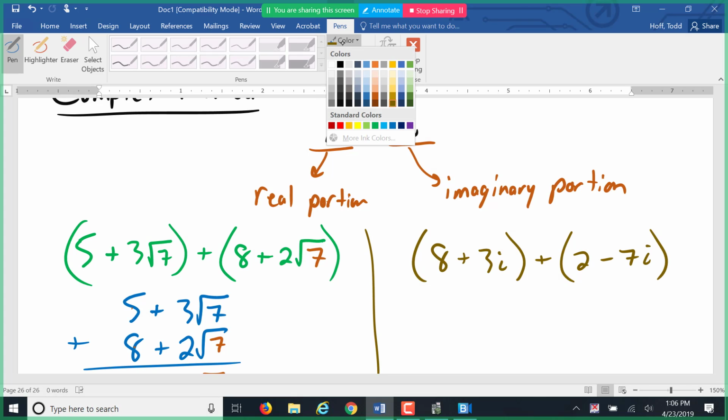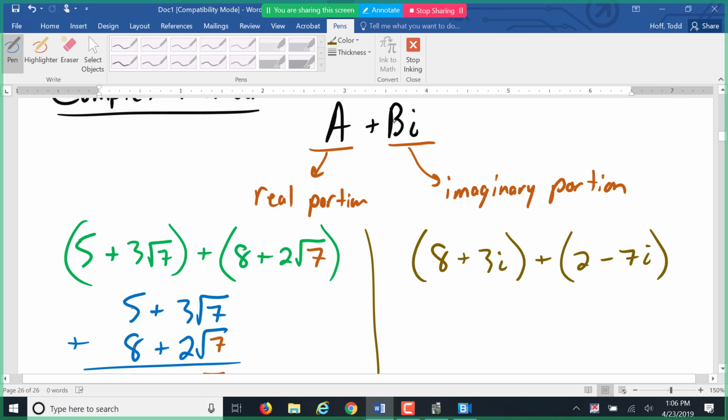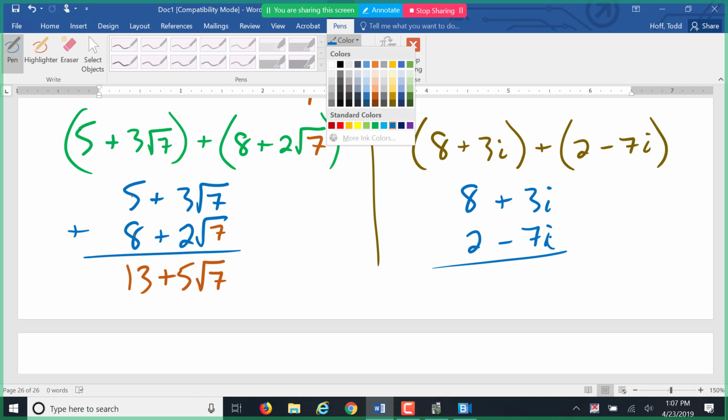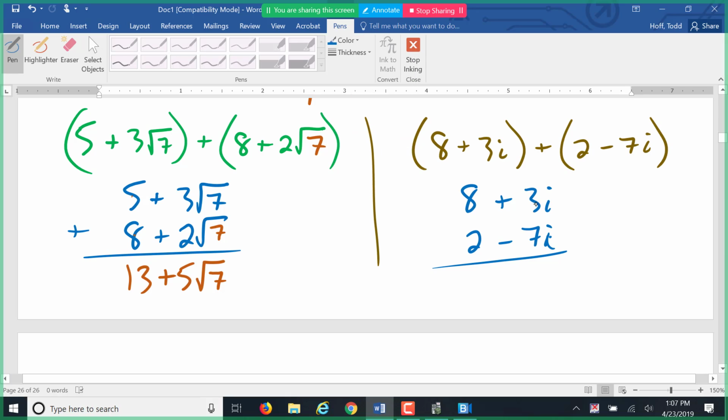We can only combine things with the same name, which means we can only combine the real portion with the other real portion and the imaginary portion with the other imaginary portion when we add or subtract. So we're adding here. So we have 3i plus a negative 7i is a negative 4i. 8 plus 2 is 10. So 10 minus 4i is that result.